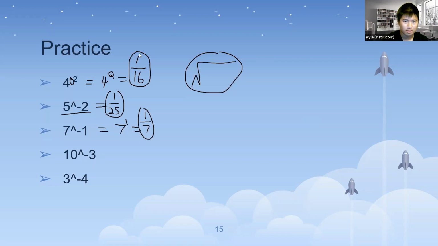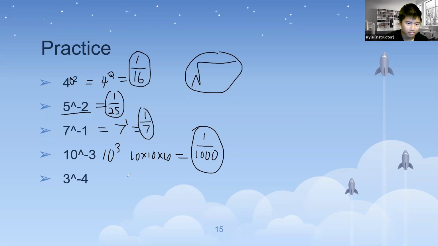Since it's just 1, 10 to the power 3 is just 10 times 10 times 10. And then with the negative exponent, all you do is flip it up. You just flip the denominator with the numerator. And you get 1 over 1,000. Okay. And for the last question, very simple. Again, 3 to the power of 4, 3 times 3 times 3 times 3 is 81. And then do 1 on top. So it's just 1 over 81.